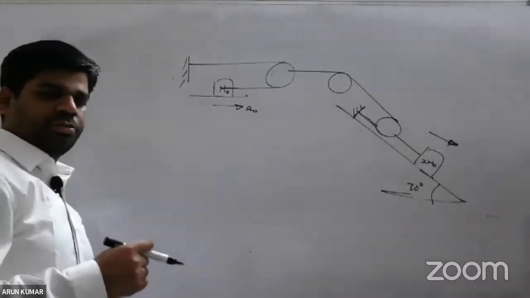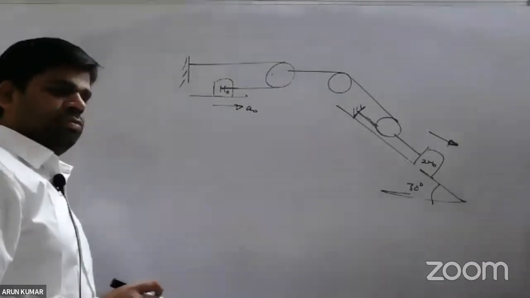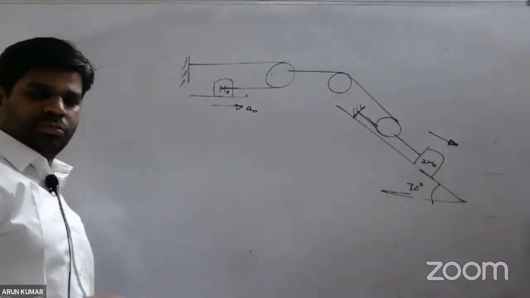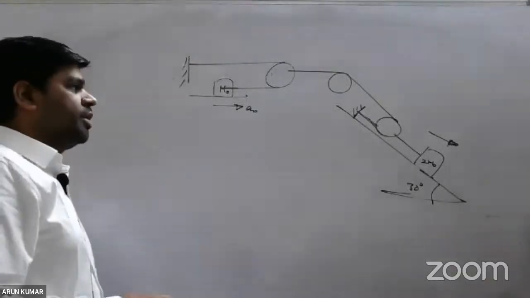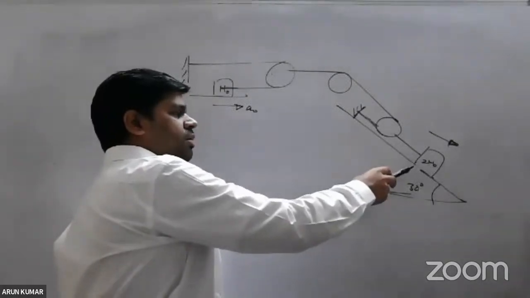What is the procedure you have adopted to get the answer 3a naught? Here, the string is slackened by x and x from the starting. Yes. So if this is a naught, this is 3a naught.